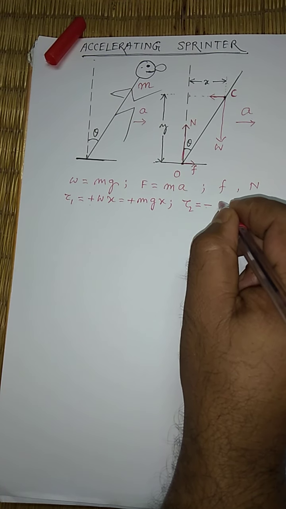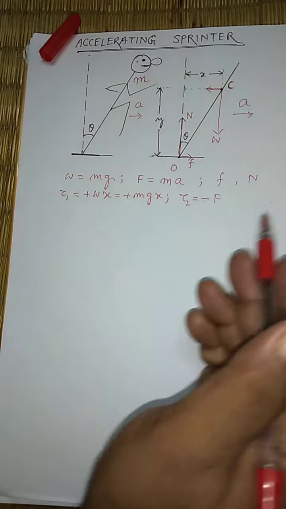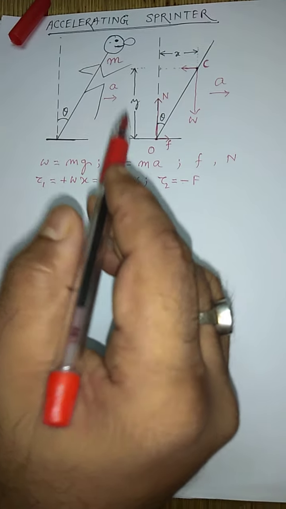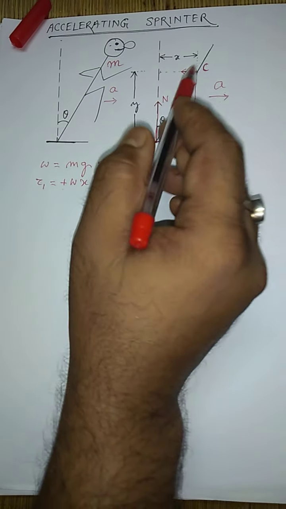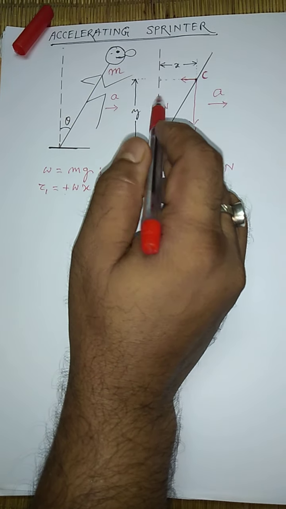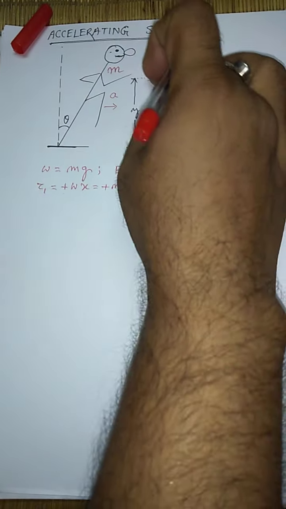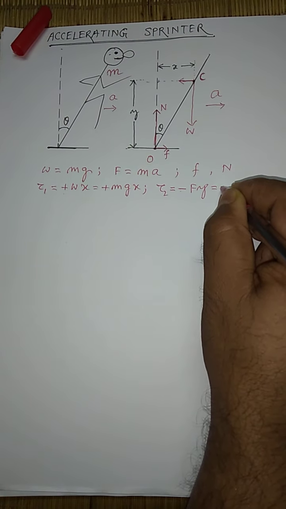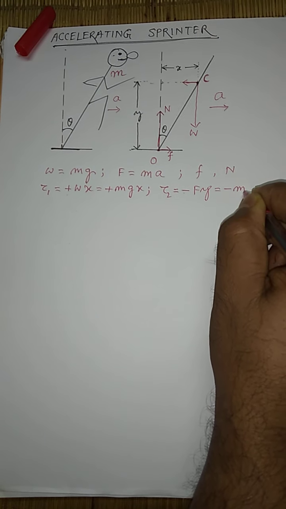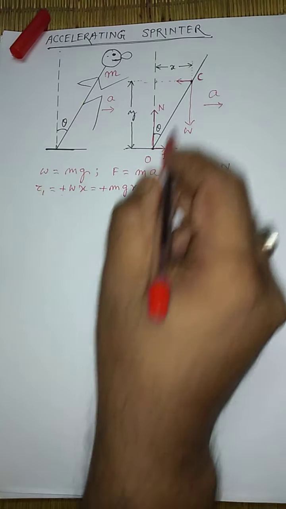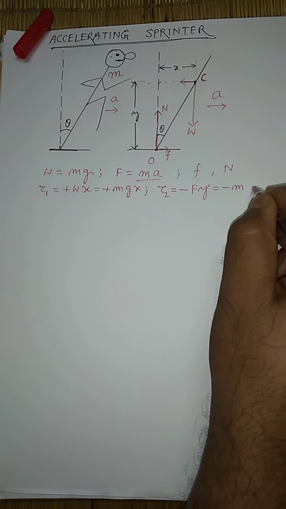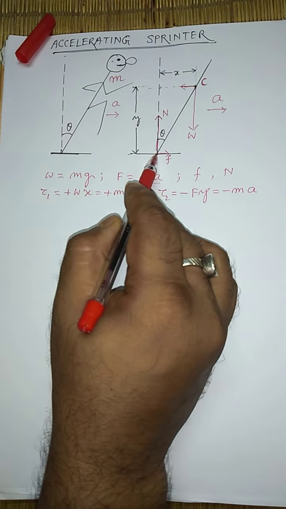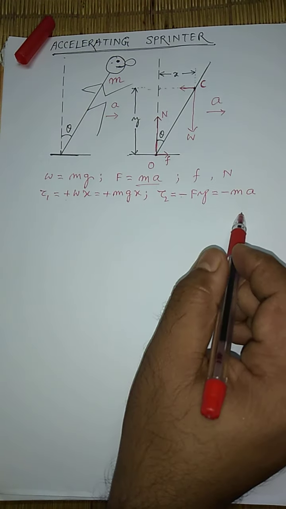The magnitude F multiplied by the perpendicular distance of the line of action of the pseudo force, and it's y, right, y is equal to negative mass of the sprinter multiplied by the acceleration of the point of contact.